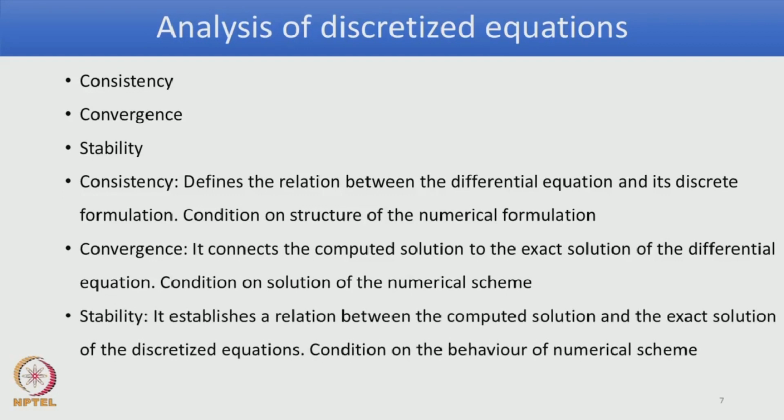It establishes a relation between the computed solution and the exact solution of the discretized equation. This puts a condition on the behavior of the numerical scheme. So, in the next few lectures we are going to give a definition and explanation with a model equation on these aspects: consistency, convergence and stability.